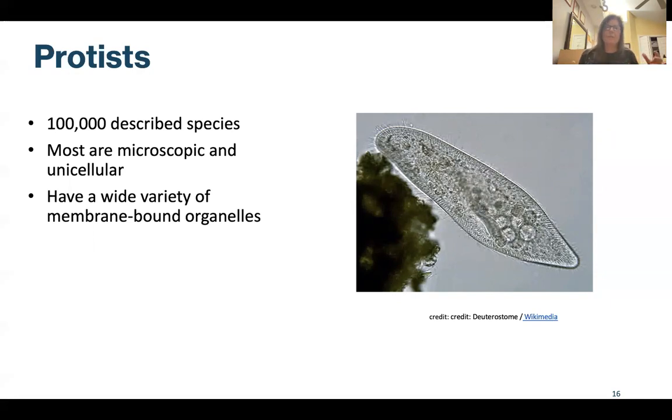Many of these organisms in Protista live in fresh water. And with living in fresh water, we're going to learn about tonicity and the way water moves based on solute concentration. But basically, there are more particles inside the cell than out. So water wants to come in and dilute out those particles inside the cell. It's like your basement in a flood.